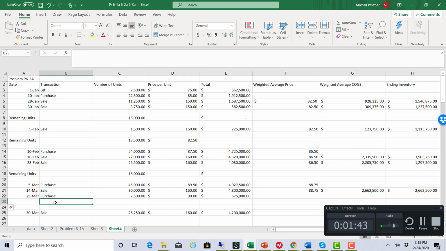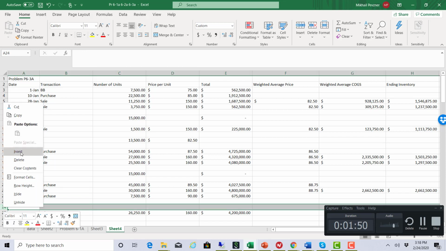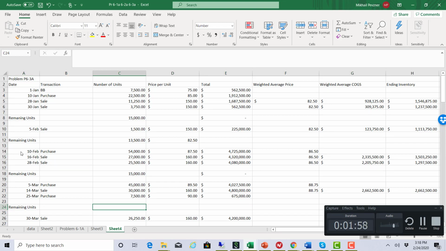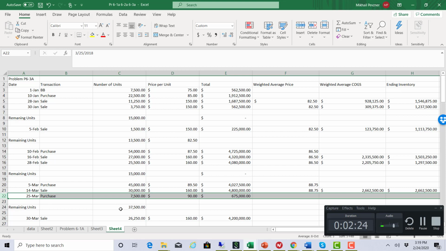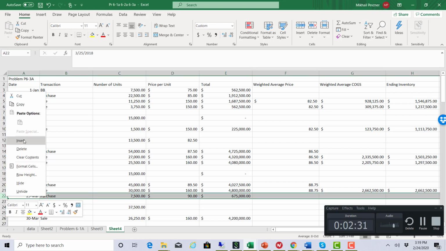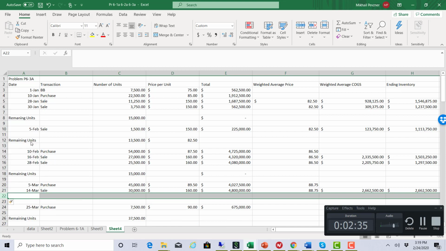So now the new remaining units is what? We started with 15,000, we bought 45,000, we sold 30,000, so we have 30,000 remaining. Before this purchase, we had 30,000 remaining.